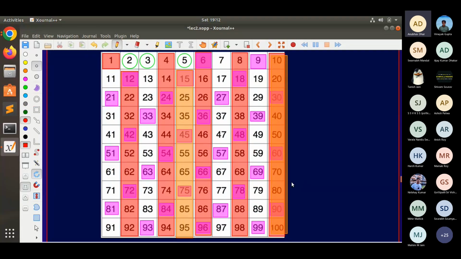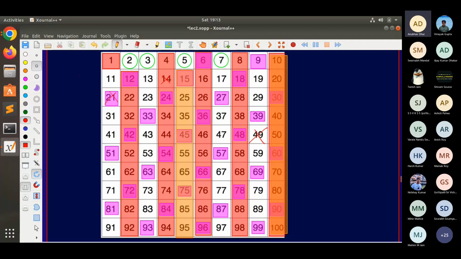Now you repeat this process. Next number would be 7, right? Then you cross out multiples of 7. 21. Okay, I'm not going to do all of this. And so on.